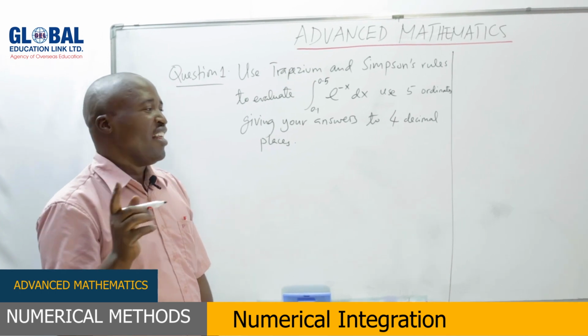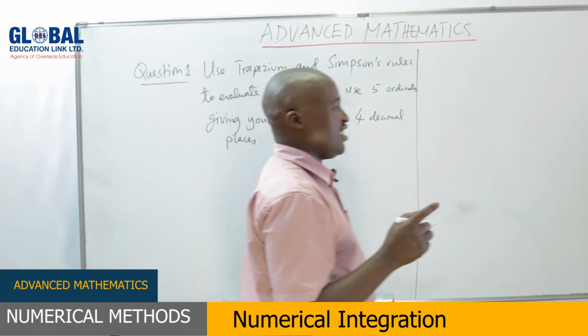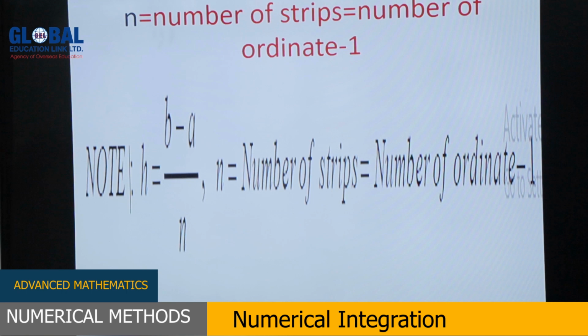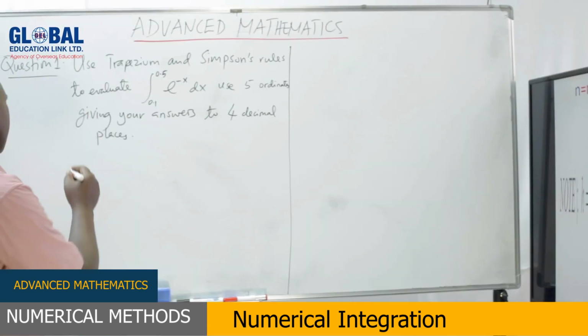So remember, the number of ordinates, n, is not the same as the number of strips. If we are given the number of ordinates, you just take the number of ordinates minus 1. Therefore, in this question, let us start with h.